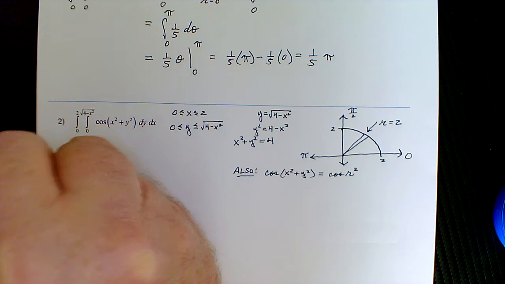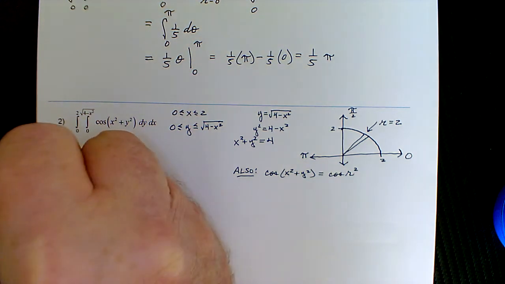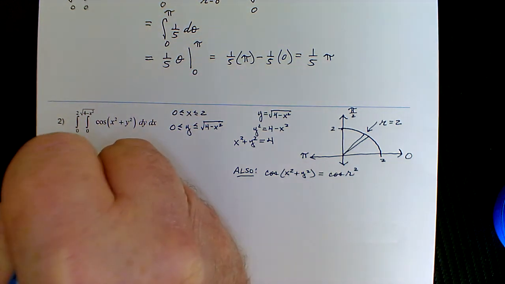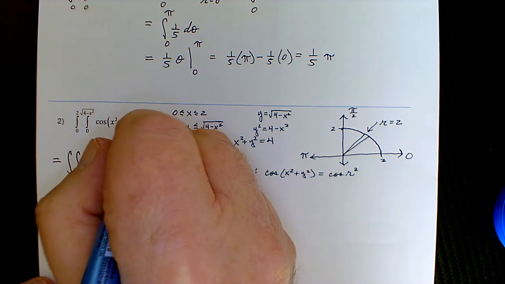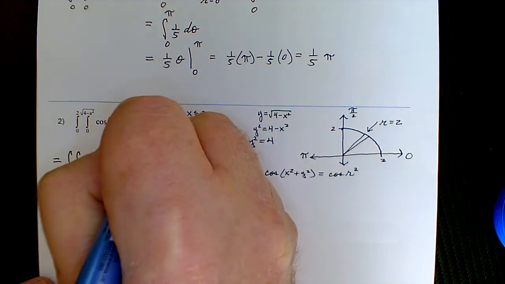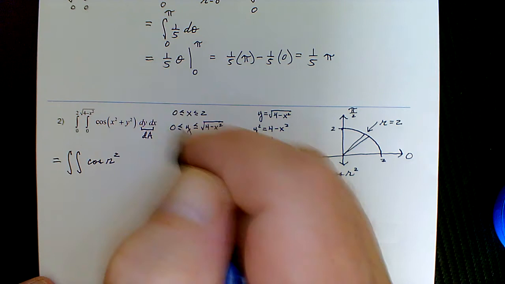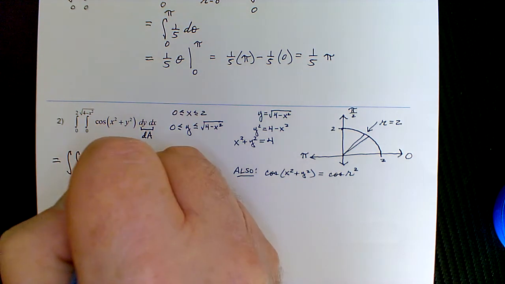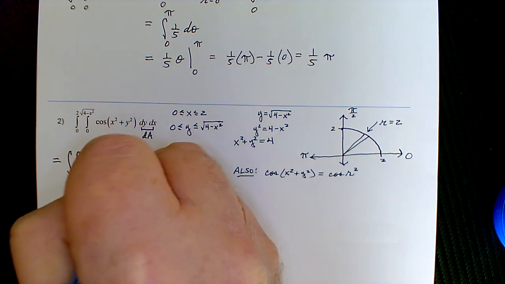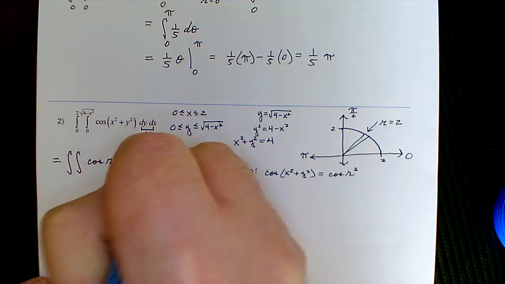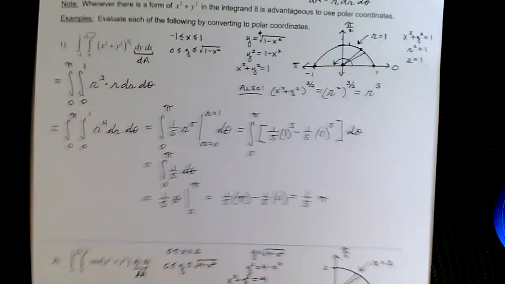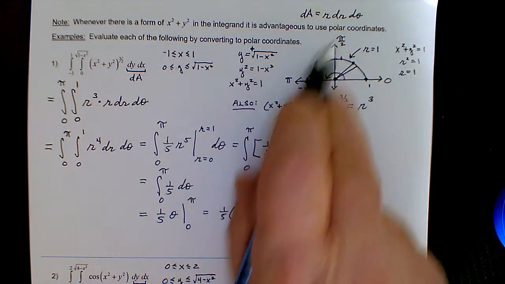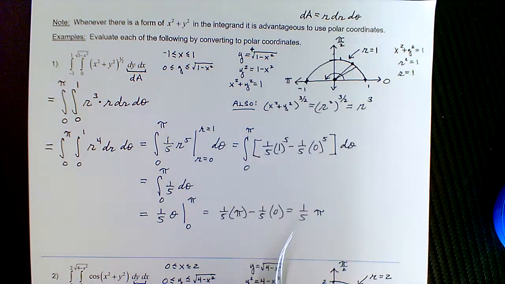Okay, so now this integral becomes the double integral. Okay, we've got the cosine of r squared. Remember, dy dx's are dA, and dA in terms of polar is r dr d theta. Okay, that's the important thing we had proven, and we had restated it up here in the last example.